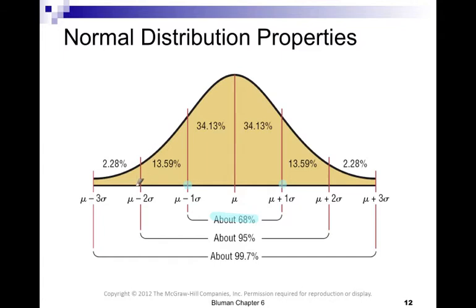If we go out to 2 standard deviations, then we're up to 95% of the data, almost completely covering the data. And when you go to the 3rd standard deviation out here, you can see that we get 99.7% of the data. So we get very close.